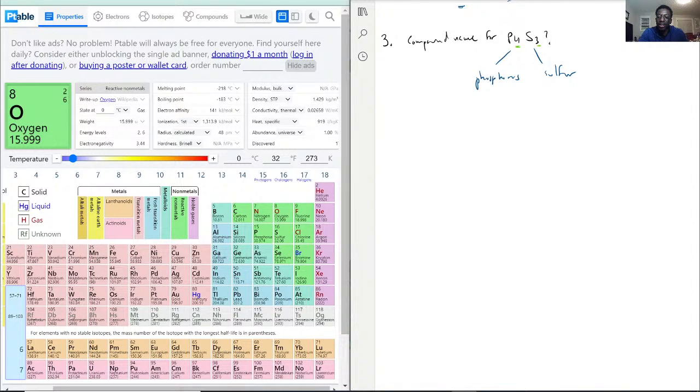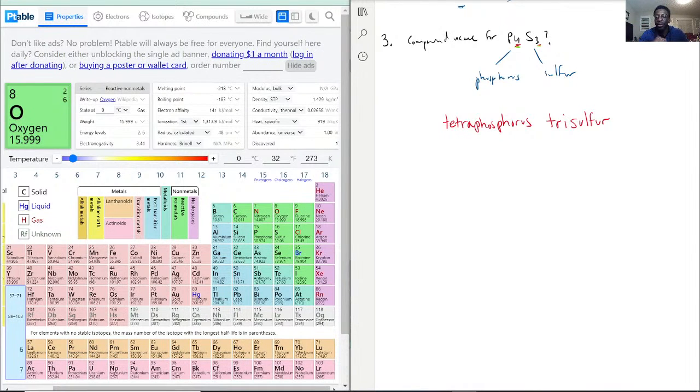You want to, in a sense, quantify how many you have in the name. So how do we do that? 4 is known as tetra, so we have tetraphosphorus, and 3 is known as tri, sulfur.